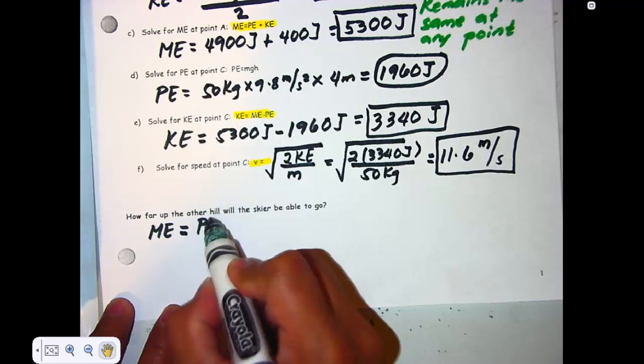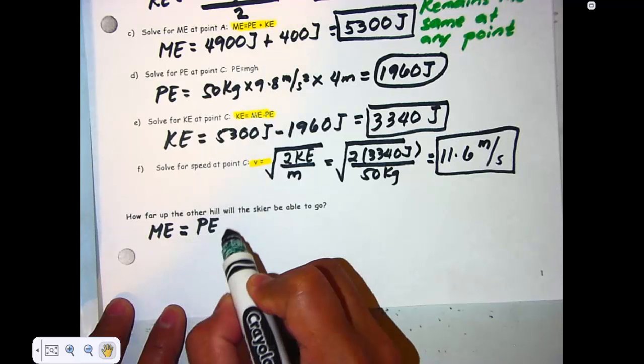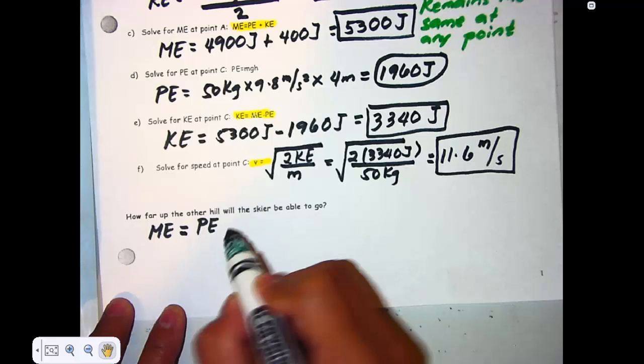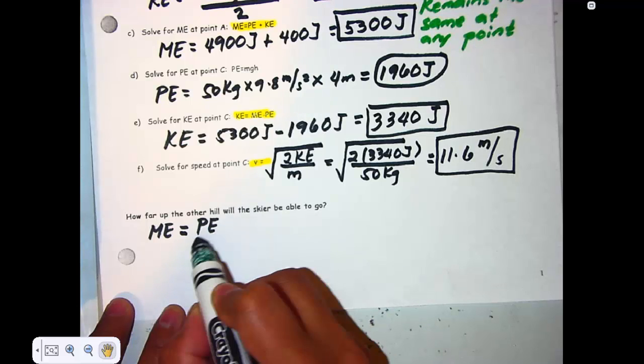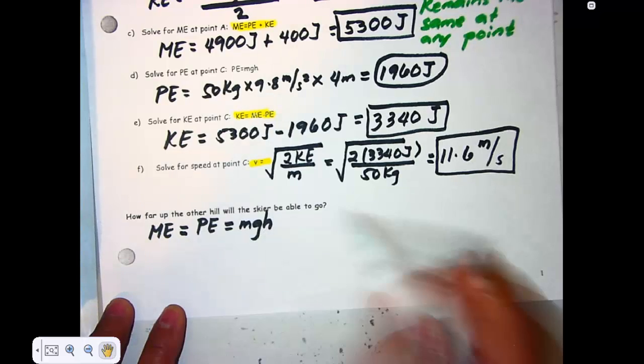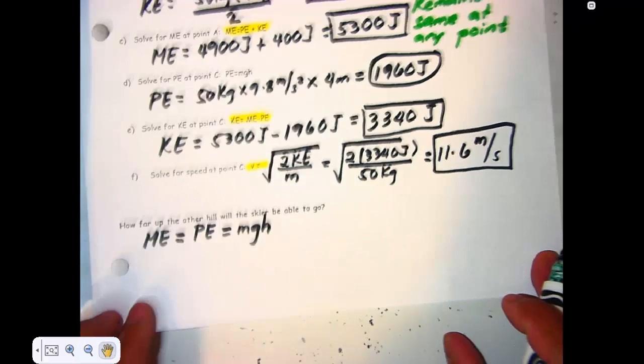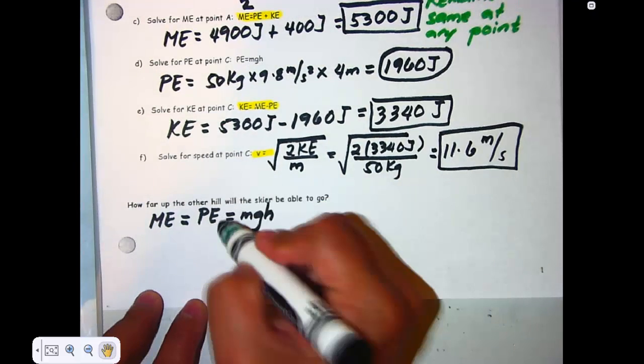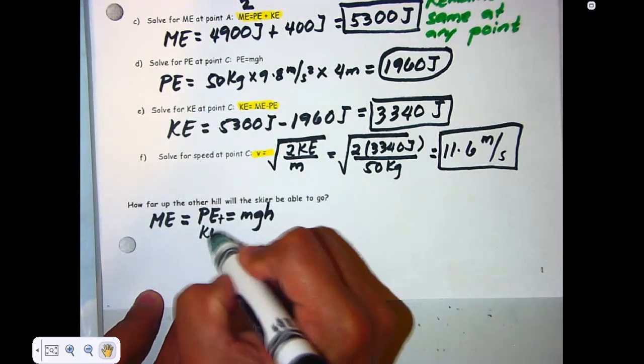So we can say that could be the PE, which is equal to M times G times H. That's the PE and the KE together.